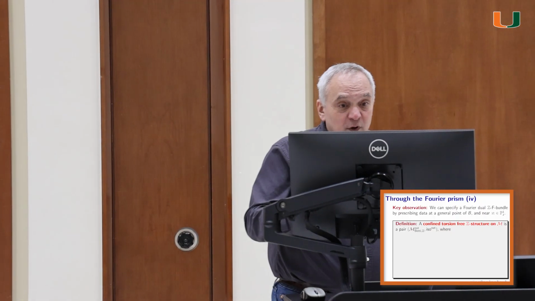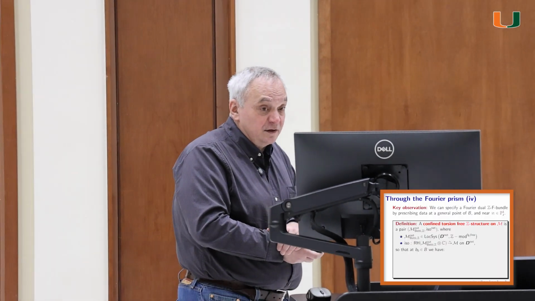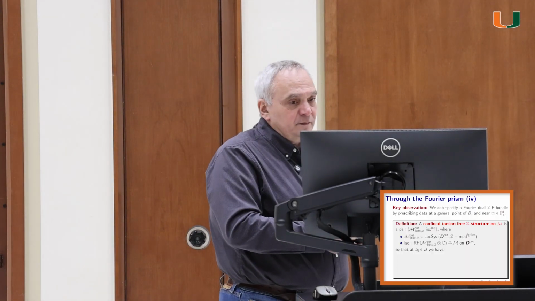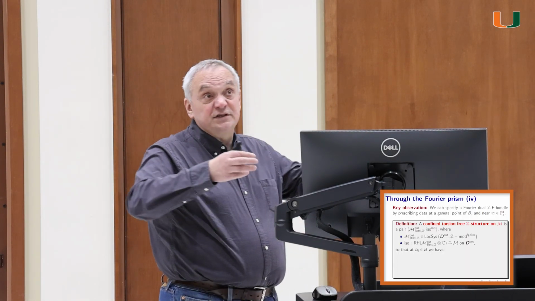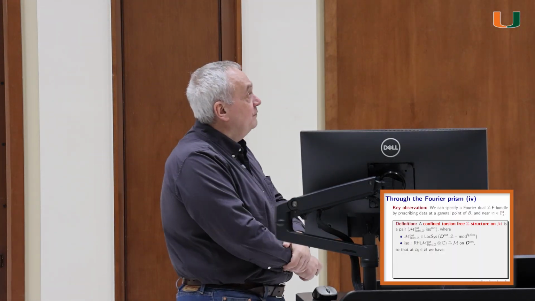So a confined version will be a constructible sheaf of finitely generated abelian groups and an isomorphism, which is exactly what we were saying before, but only happening on this small locus. So at the fixed point B and in this small disk near infinity.